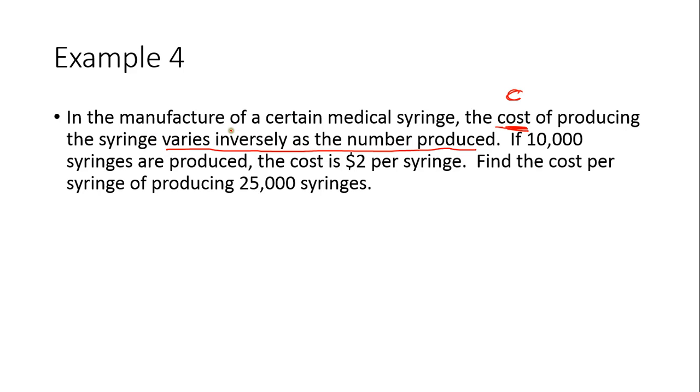So we can call this, I was going to use N, but I guess that might be confusing. I'll just call the number produced Q for quantity, and C equals cost.